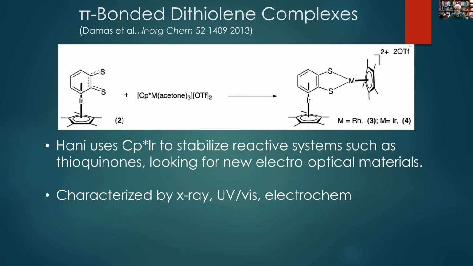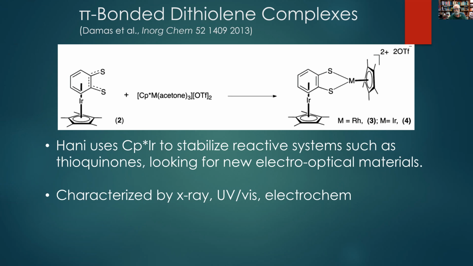And he's looking for interesting properties with respect to the electron transfer within the compound, hoping that these two different metals and the fact that we have some conjugation, kind of like a small electron transport system available through the ring here, will give interesting electron transfer properties.